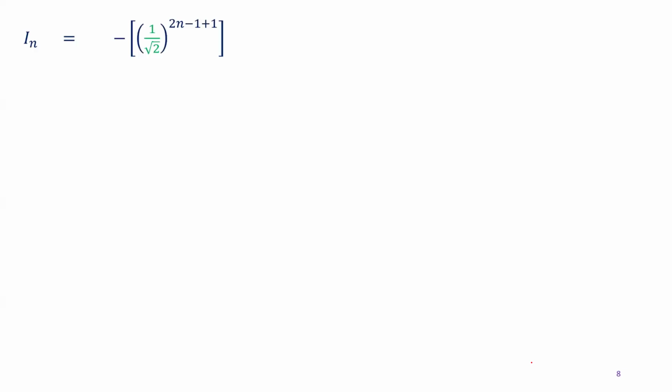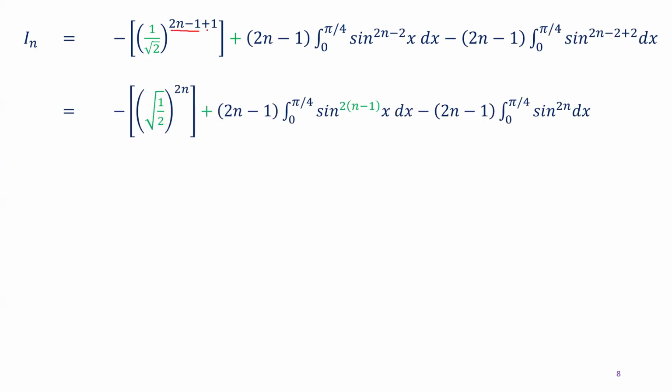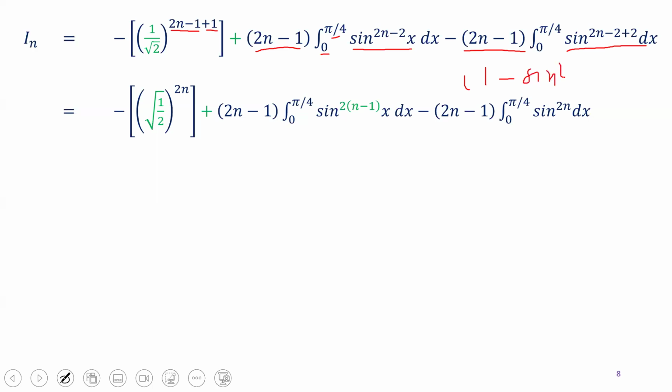Let us go ahead. I_n is equal to 1 by root 2 whole to the power 2n-1 plus 1, plus (2n-1) integration under the limit 0 to pi by 4 of sin^(2n-2)x dx minus (2n-1) under the limit 0 to pi by 4 of sin^(2n-2+2), because it was 1 minus sin^2 x.